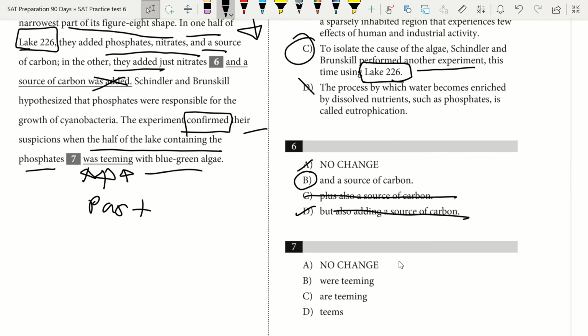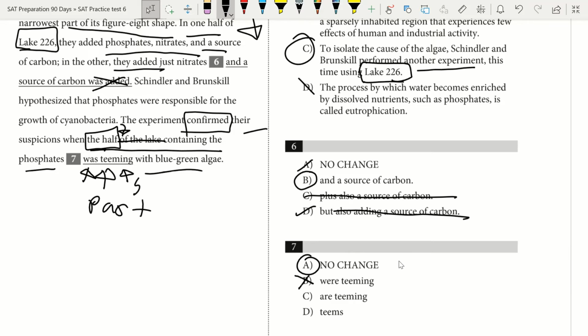So I see "was teeming." I know that "was" is referring to "the half." We ignore "of the lake" because that's a prepositional phrase. So the half, that's singular, so we need a singular verb. We know it's in the past tense, so we need "was," and we have that as well. So the correct answer there is A, no change for 7.